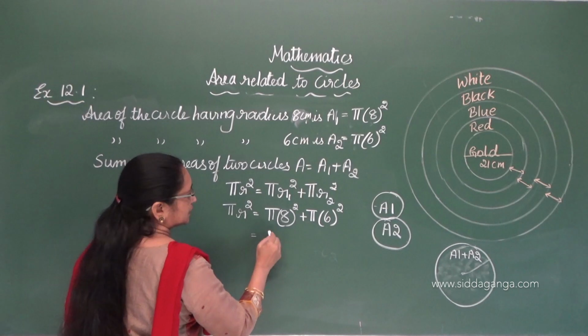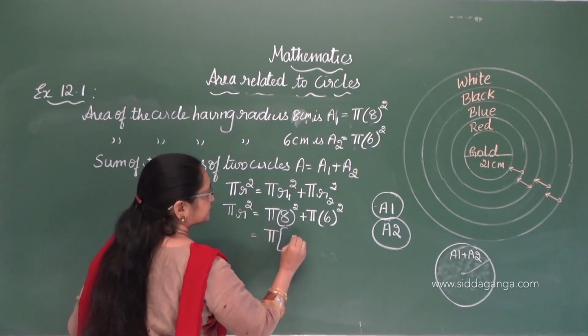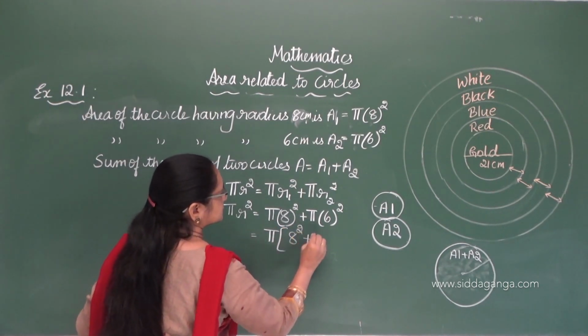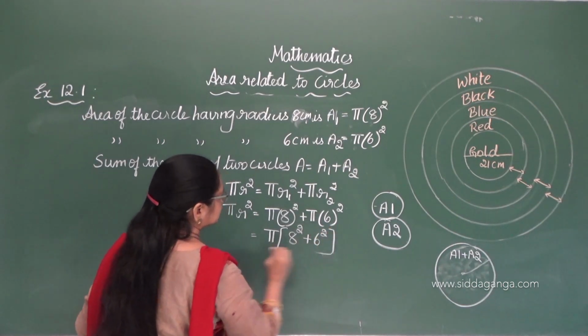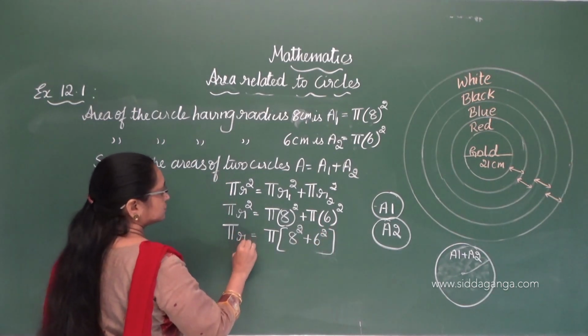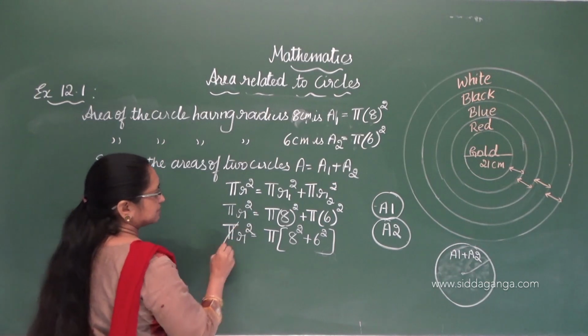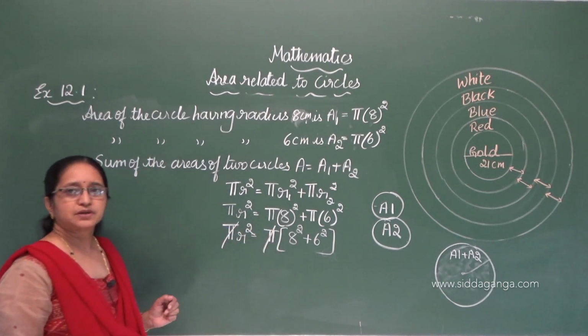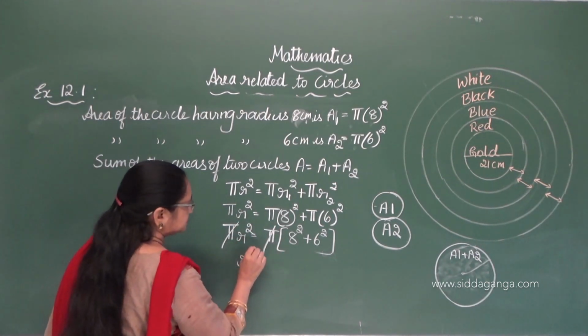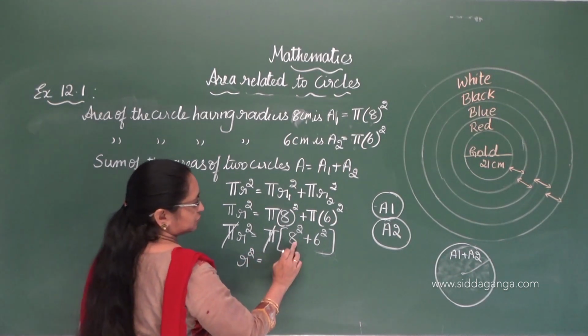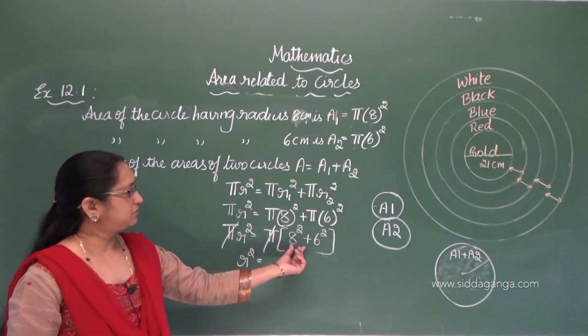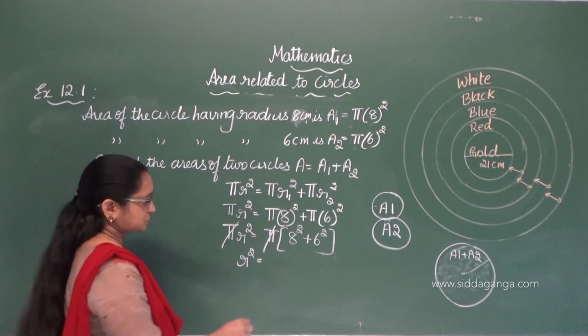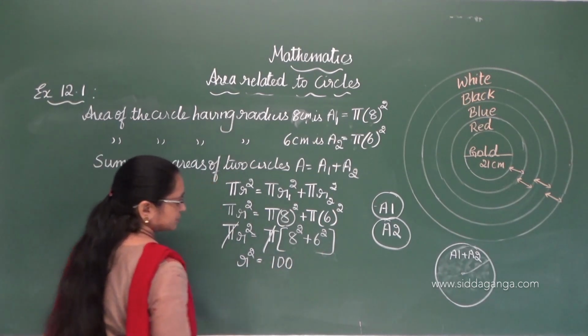Now I can take pi common, 8 square plus 6 square, and on the other side we have pi. So pi gets cancelled, correct? So r square is equal to 64, 8 8s are 64, plus 36. So we got 100, correct?